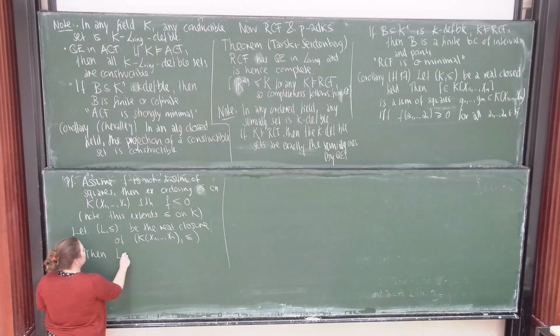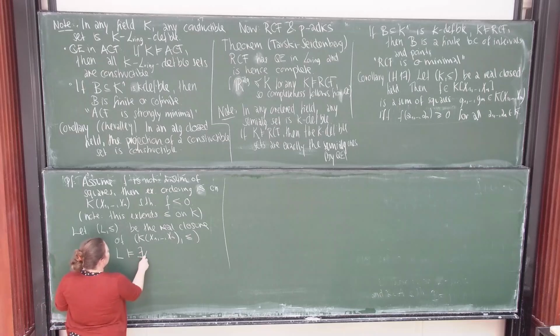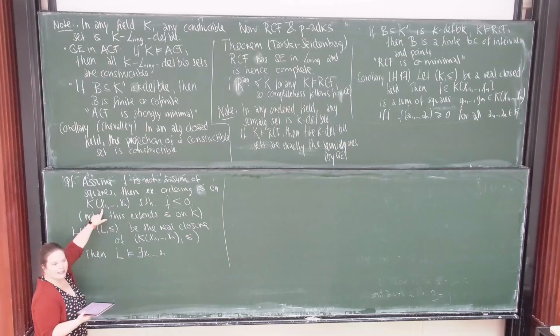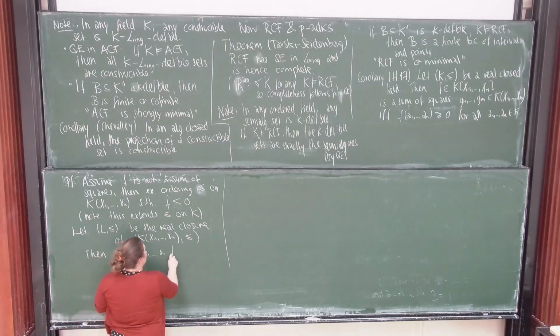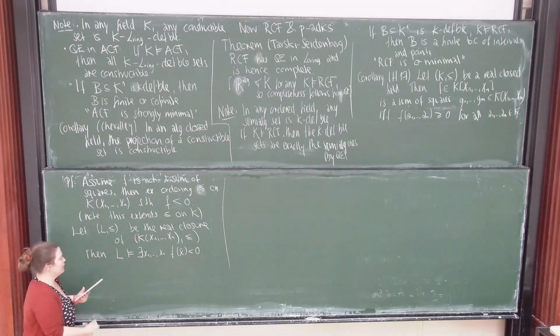But now in the real closure, I know there are X1 up to Xn such that f of X bar is negative, because f is negative.